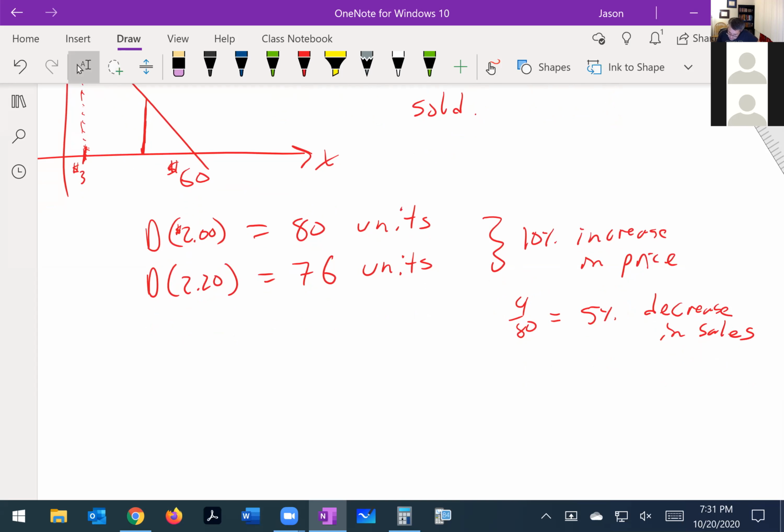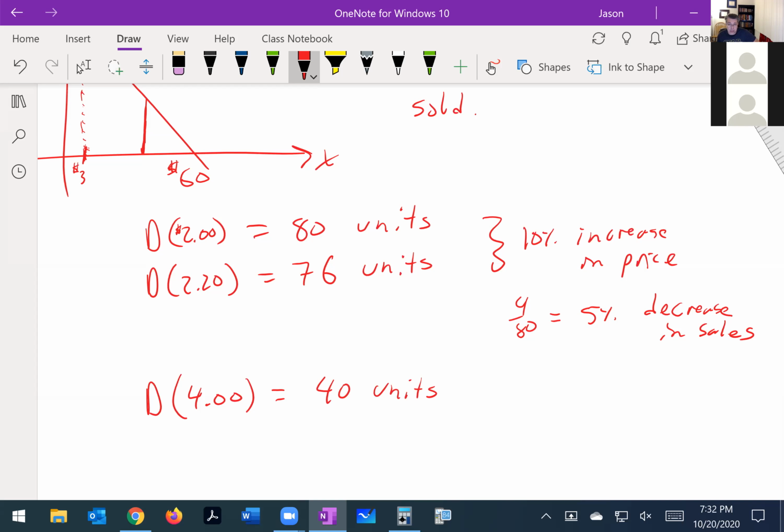So if instead of $2, I'm selling $4 coffee, now the price goes up to $4, which means I'm only going to be selling 40 units per day. It drops by half.